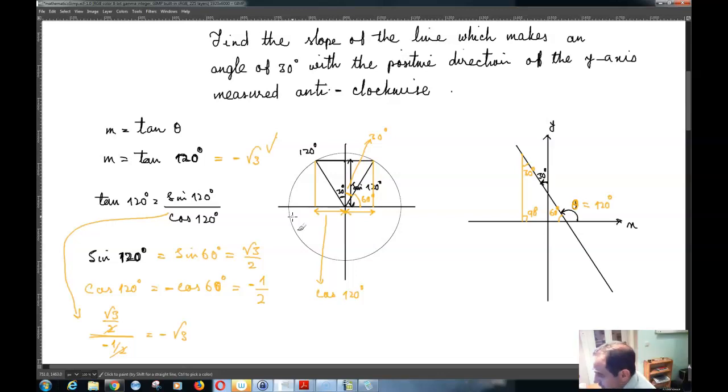Another way, which is a little bit better, especially if you are doing, for example, physics, or something in mathematics, you can't do this every time. It's better to use some formulas. So what you can do, I think I messed up something over here.